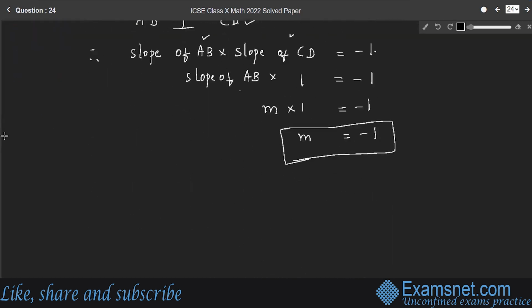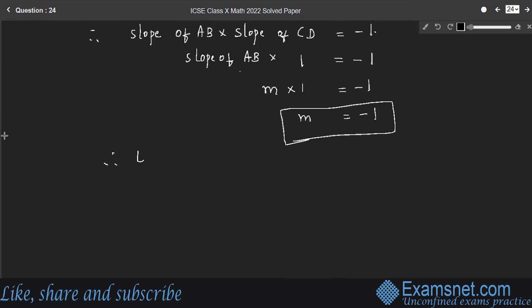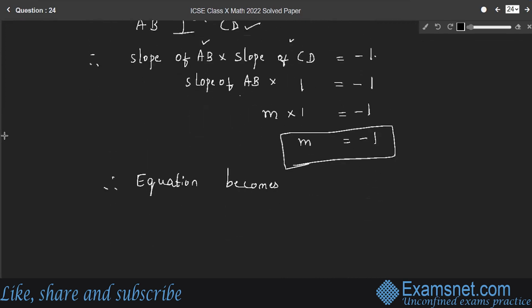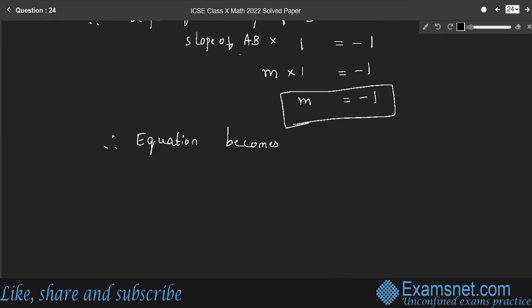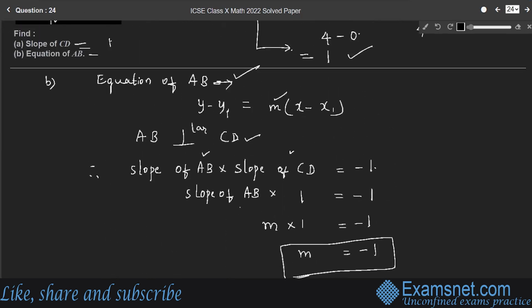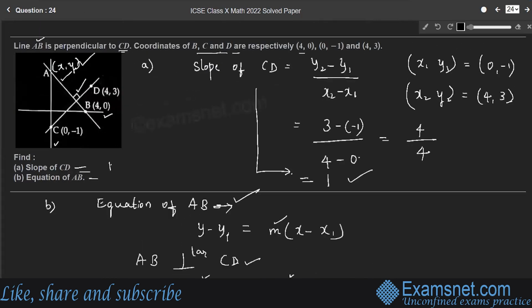So substitute this value of m in the equation. The equation of AB becomes, right? The equation says y minus y1. So what is y? The y coordinate of A, and x is the x coordinate of A. So we leave y as it is.